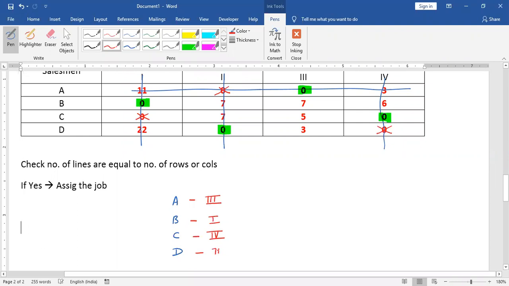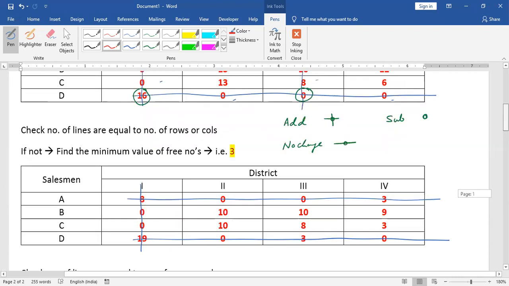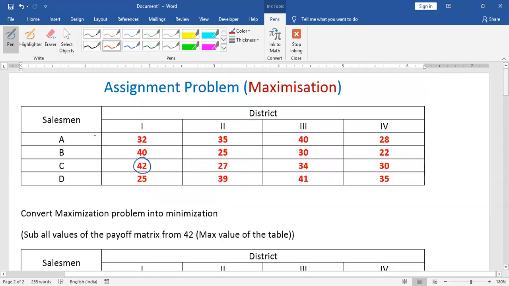This is the assignment. But I am very much interested to know about their total sales, how much sales they are going to give. So A to third. From the first table you will see A to third means he is going to give us 40,000 rupees of sales.